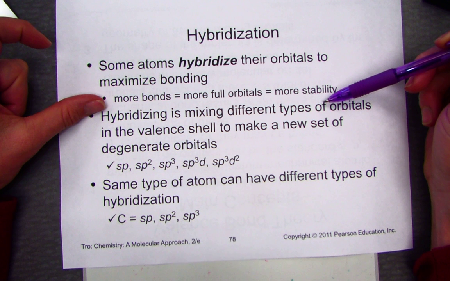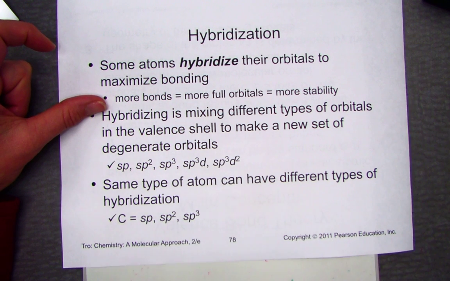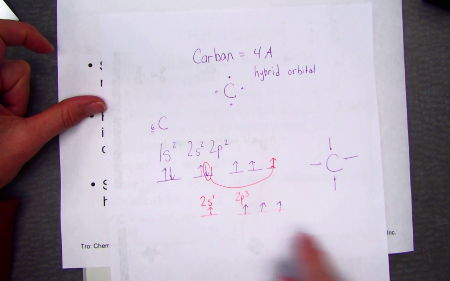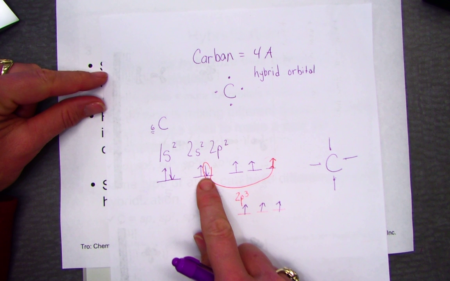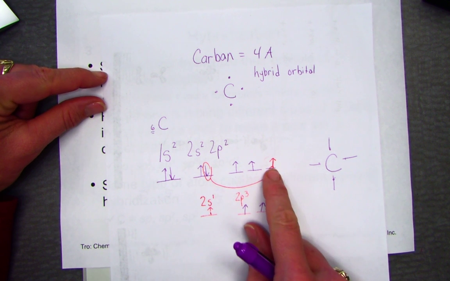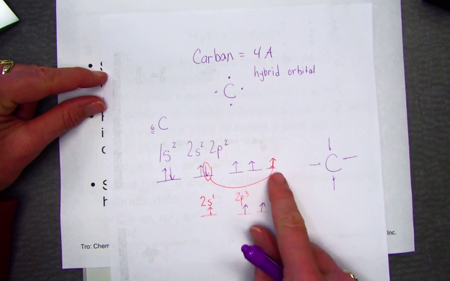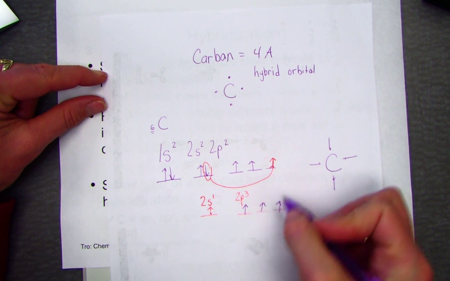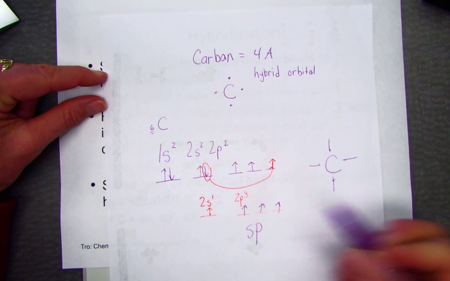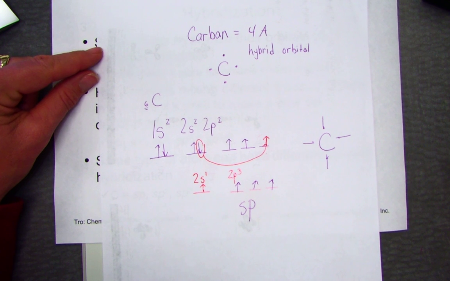Hybridizing is simply mixing different types of orbitals in the valence shell to make new sets of degenerate orbitals. As in what we did here, we promoted an s electron into a p orbital. By promoting it, we created an sp hybrid orbital.